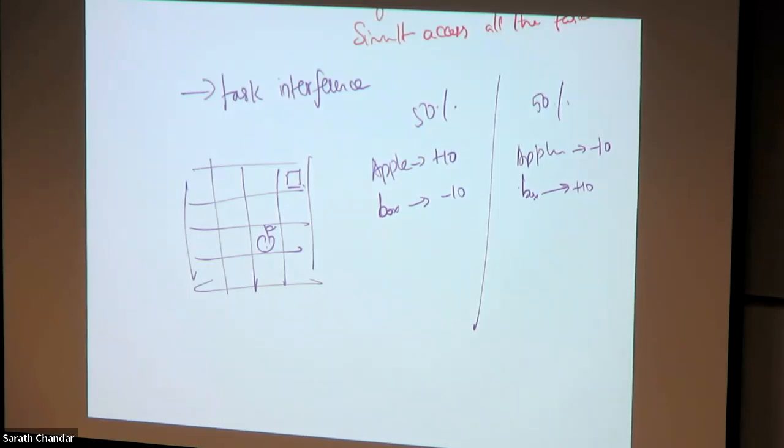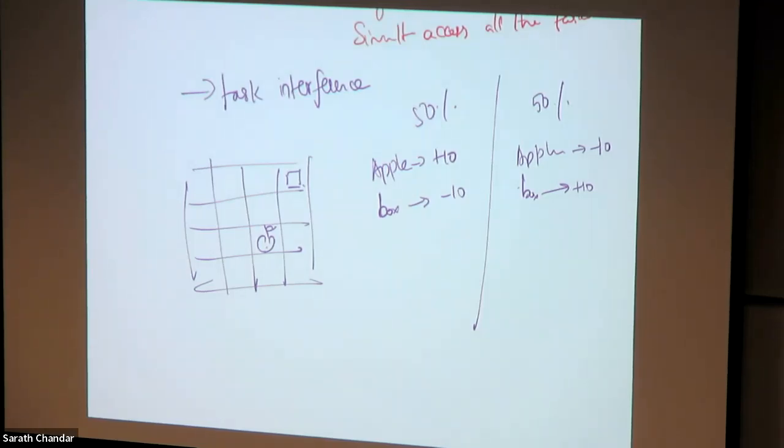The average performance here tells you that both apple and box have 0 value. Probably you're going to learn a random policy, which is going to randomly pick an apple or box. But if I don't give you any other extra information, actually the random policy is the best policy here, right? If I don't tell you which is good, the random policy is the best policy.